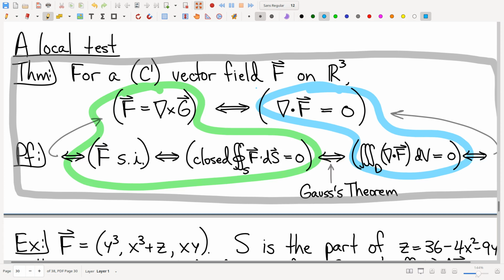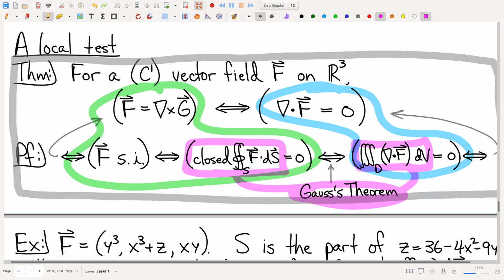Okay, so nothing particularly outrageous has happened here. I have these green statements that connect to each other. I have those blue statements that connect to each other, and I can connect them by way of Gauss's theorem, which is exactly the tool that I needed. After all, Gauss's theorem says that closed boundary fluxes are triple integrals of divergence. And so again, we end up with a test.